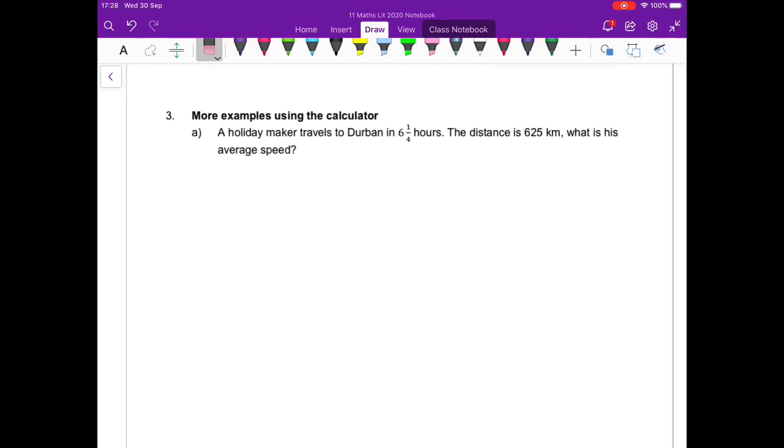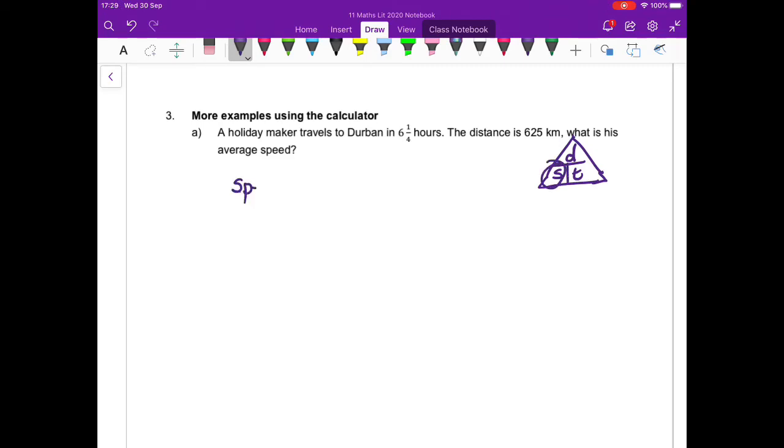I want to show you a few more examples using the calculator. So a holiday maker travels to Durban in 6.25 hours. The distance is 625 kilometers. What is the average speed? So again, we are talking about the DST triangle.